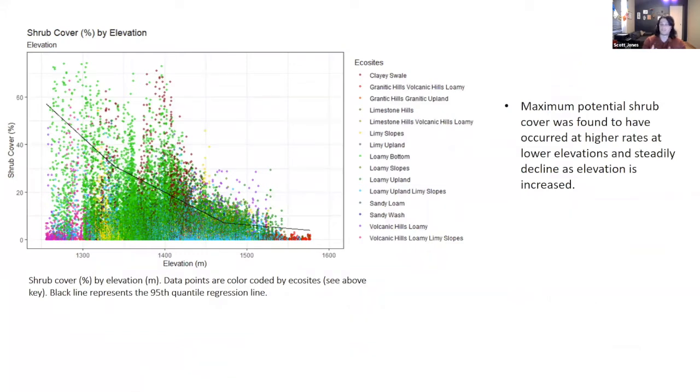I didn't include this for the talk based on the brevity of it, but I've broken this down into the different eco sites, and it is very interesting to see that your loamy uplands tend to be really even up to about 500 or 1500 elevation, and then you see the drop off there, while the loamy bottoms follow this figure right here very similarly.